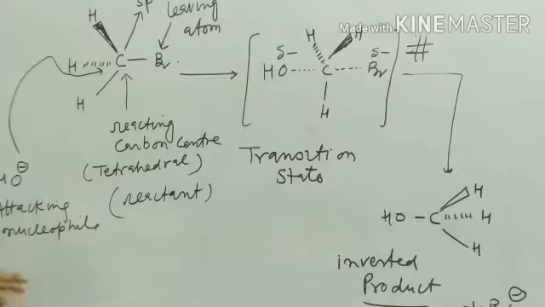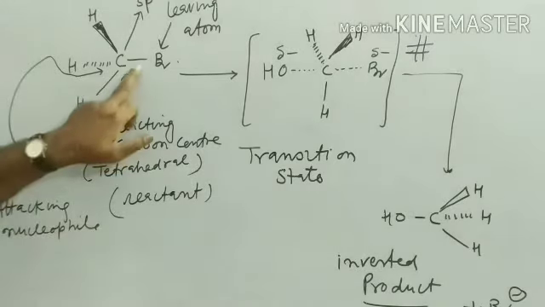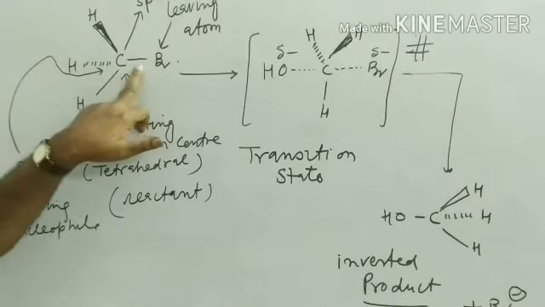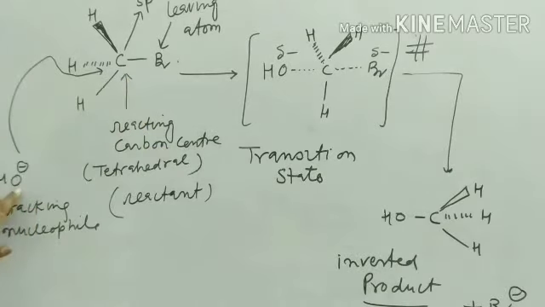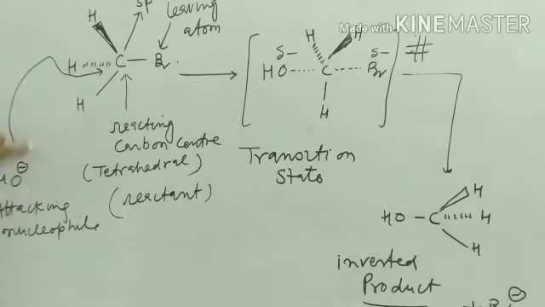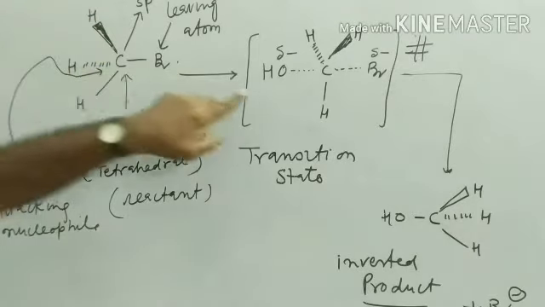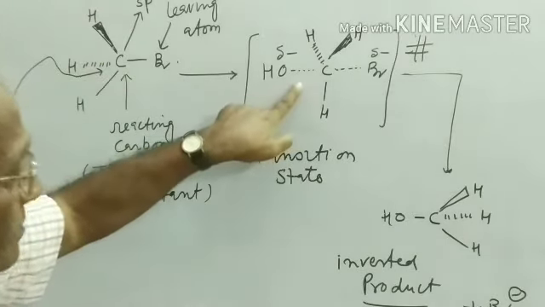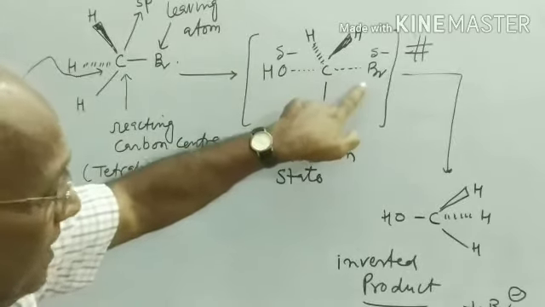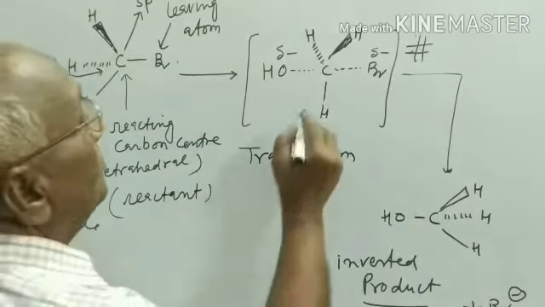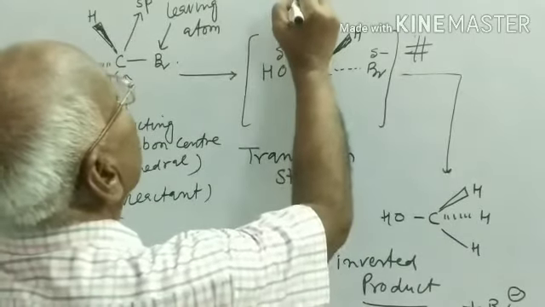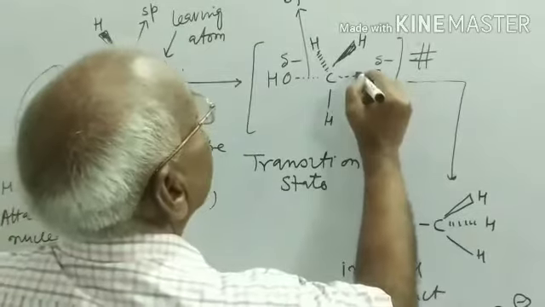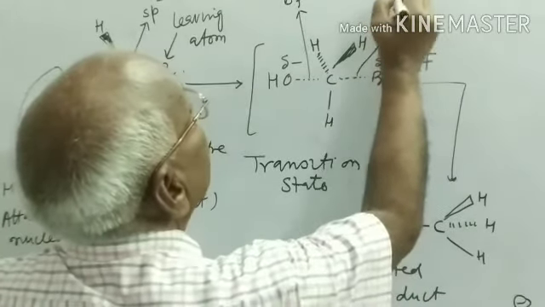Now the question arises, which force breaks up the C-Br bond? The answer is very simple. The attacking nucleophile attacks the carbon atom. As much as this bond is formed, as much as this bond is going to break. So, this bond is forming and this bond is breaking.